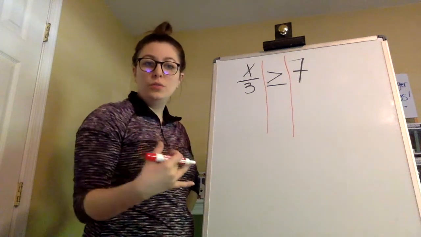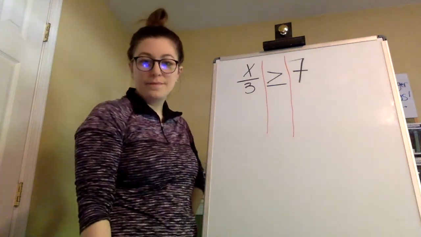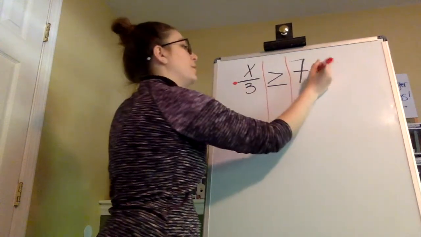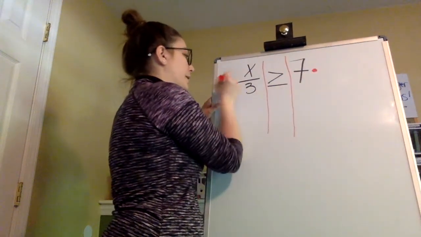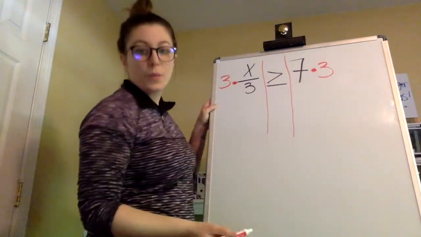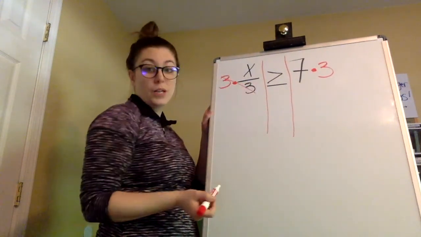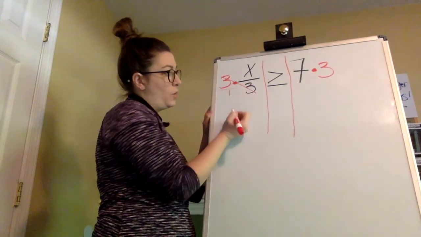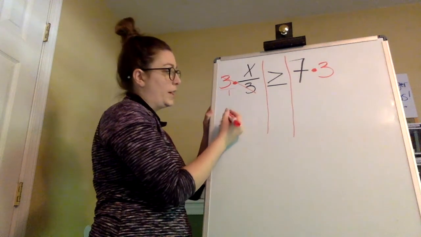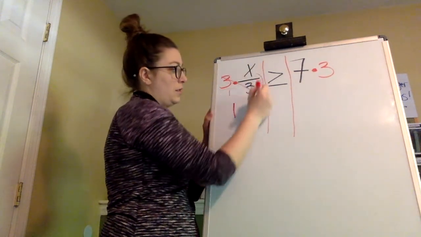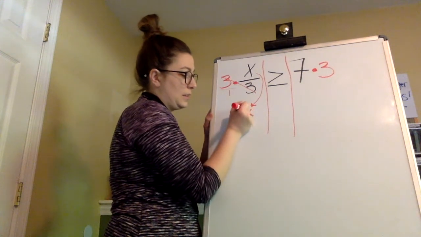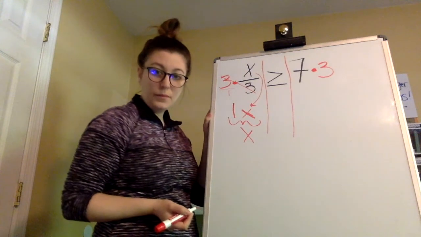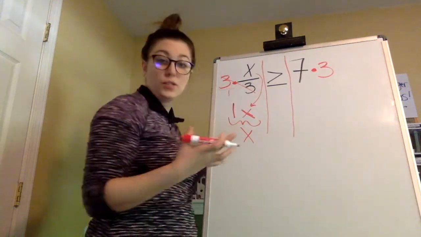So how do we undo divide by 3? We have to multiply by 3, right? So we're going to multiply both sides of the equation by 3. When you do that, this 3 divided by 3, because this is on top of a 1 like this, right? So you have 1x, which is also just x, because 1 times x, or 1x is just x.